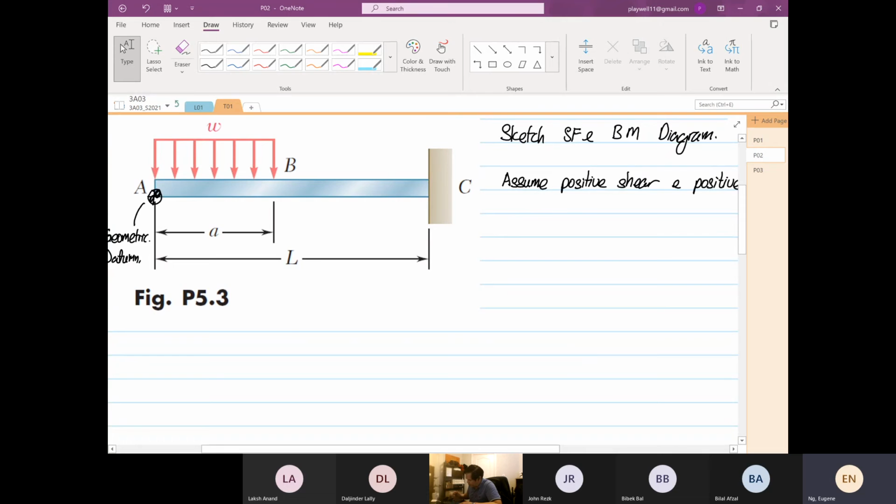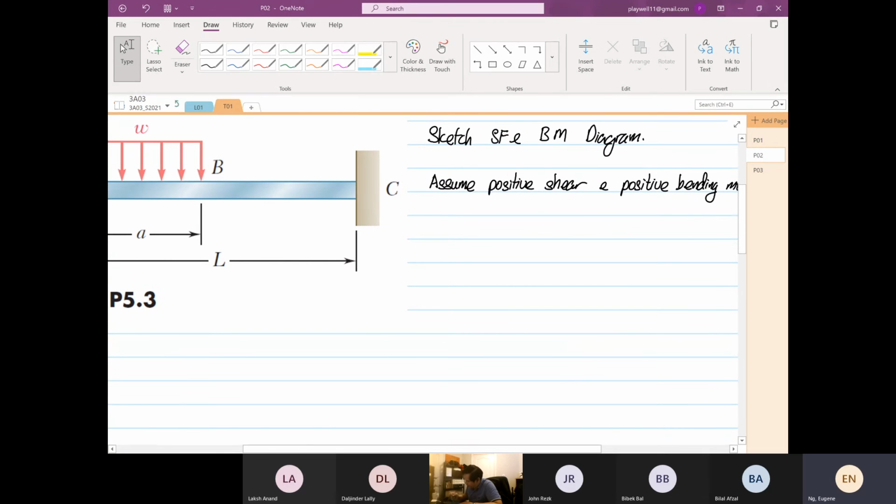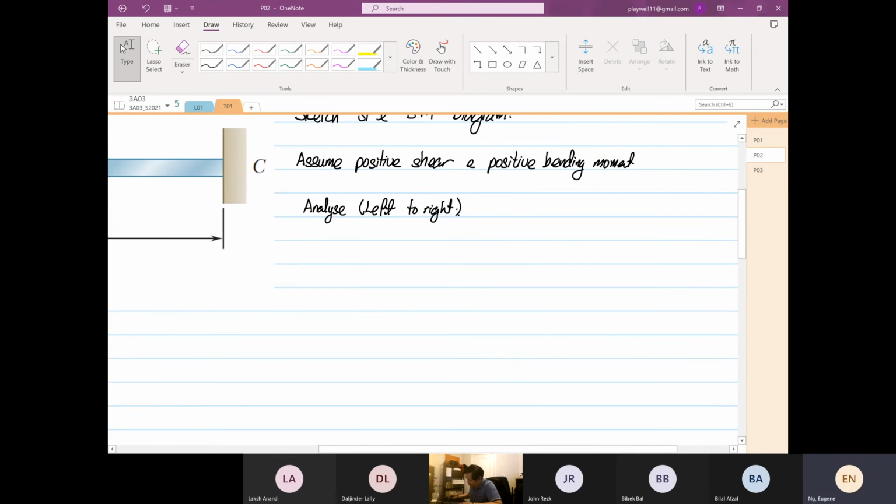The geometric datum is always on the left hand side. Okay, so there are two ways that you can analyze this. You can analyze from left to right, or another way, sometimes important, is to analyze from right to left, two different directions.